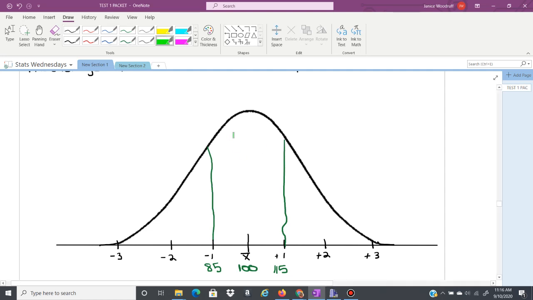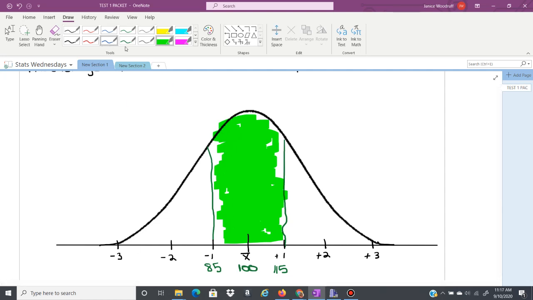All of this in green here is one standard deviation of the mean. So 68% of people have an IQ between 85 and 115. That is what that is telling you.